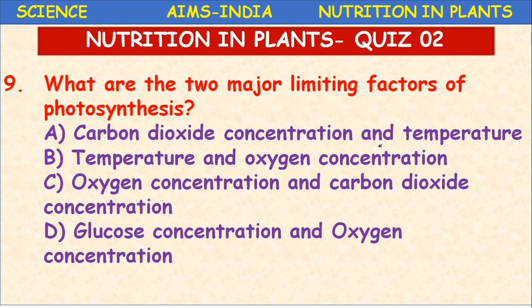Carbon dioxide is a reactant and the temperature is the condition. In the second option, temperature is a condition but oxygen is a product. Again, oxygen concentration is a product, carbon dioxide concentration a reactant. In the fourth option, glucose is a product, oxygen is a product. So what is the correct answer here? A, concentration of carbon dioxide and temperature.